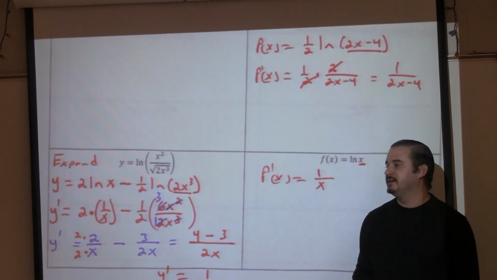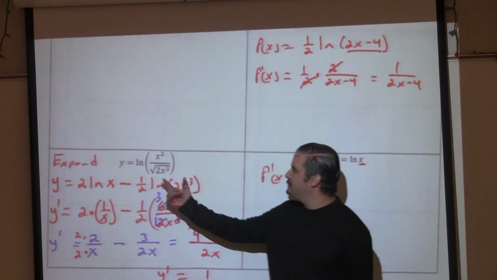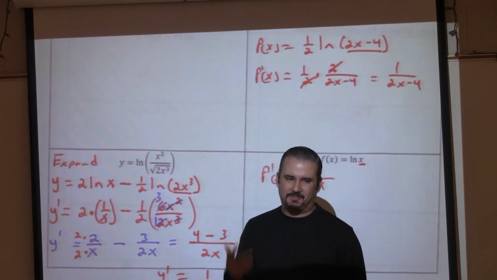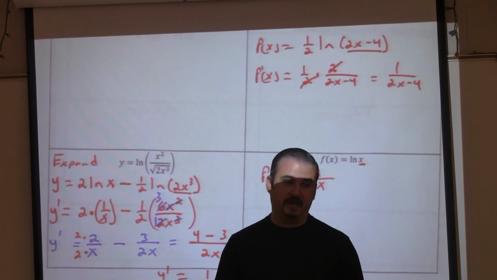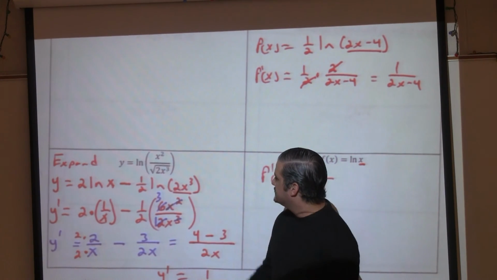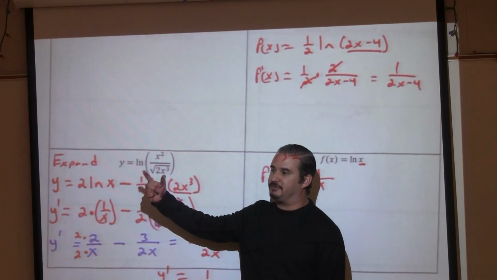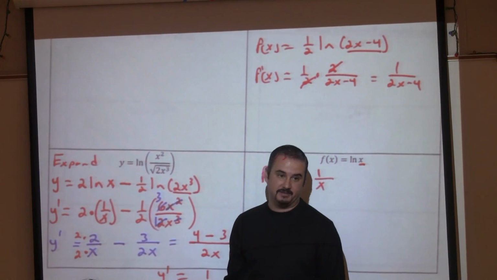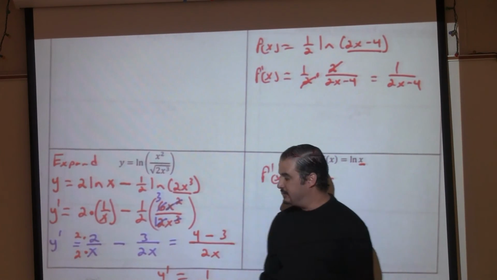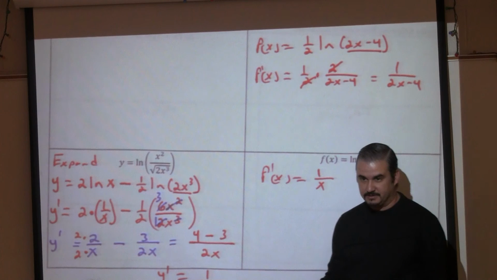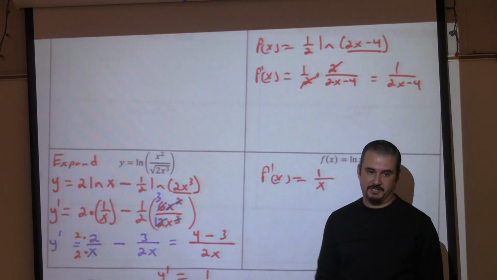F prime over F, whatever F would be, which is inside. Remember that if I can expand it first, I should expand it first to make my life easier. Instead of having to do quotient rule, and then after I do quotient rule, divide it by that, right? That would be crazy. You'll still get the same answer, okay? But it will be a lot messier.